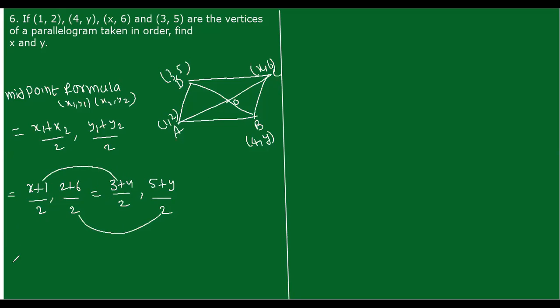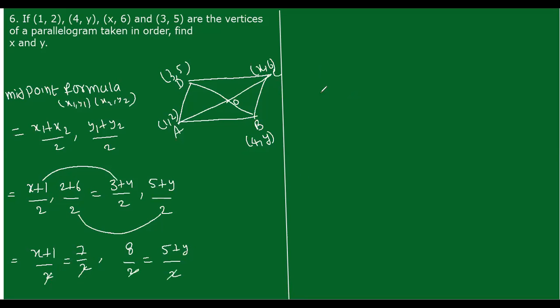Now we can write x plus 1 by 2 is equal to 3 plus 4, 7, so 7 by 2. And 2 plus 6, 8, 8 by 2 is equal to 5 plus y by 2. Here I can cancel the 2s.